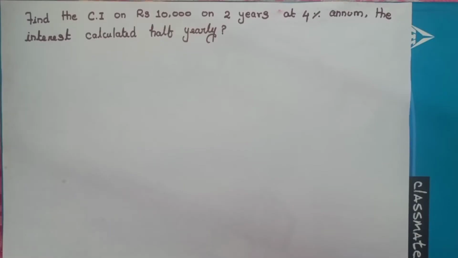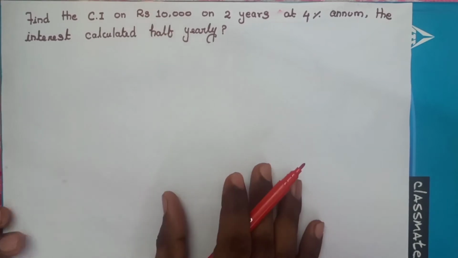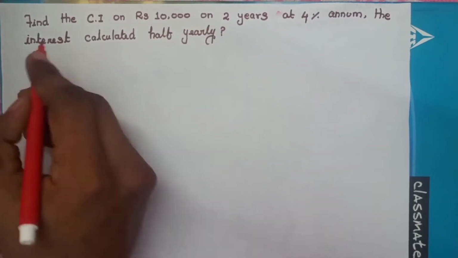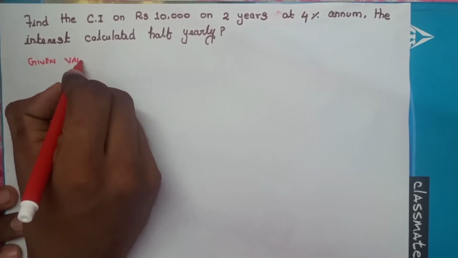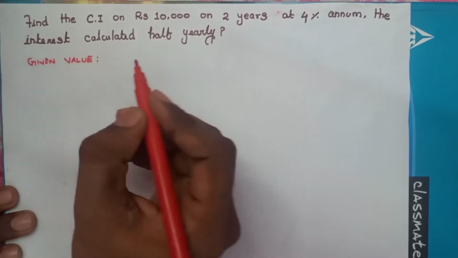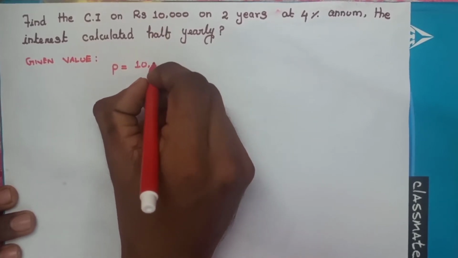Find the compound interest on rupees 10,000 for 2 years at 4% per annum, the interest calculated half yearly. Let me write the given values first. Principal equal to rupees 10,000 here.